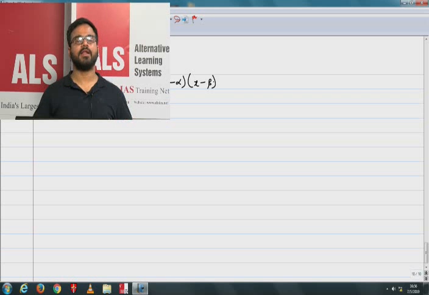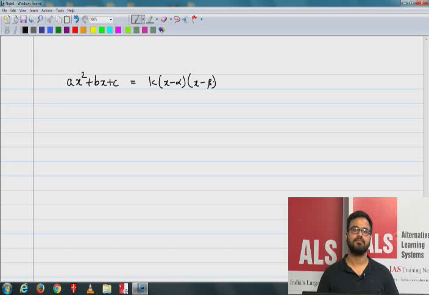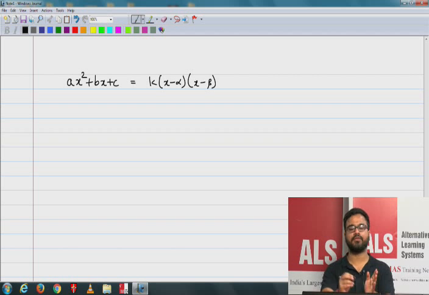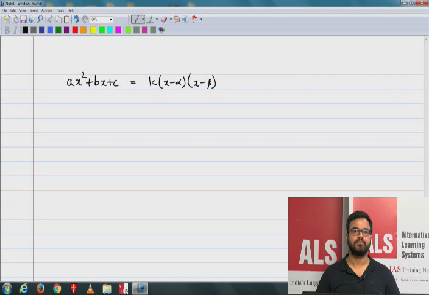Is this clear till now? Raise your hand. The factorization which I have done, (x minus alpha) into (x minus beta), is this clear till now? Please raise your hand if you got it.